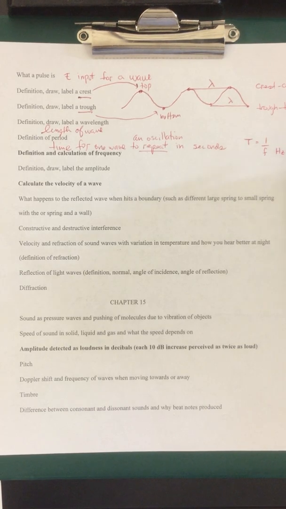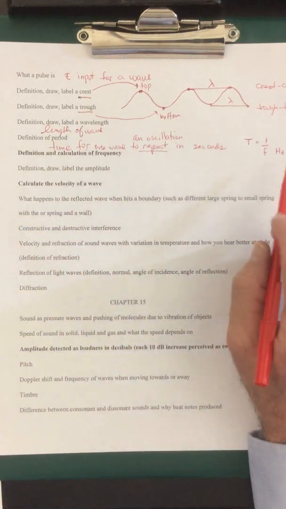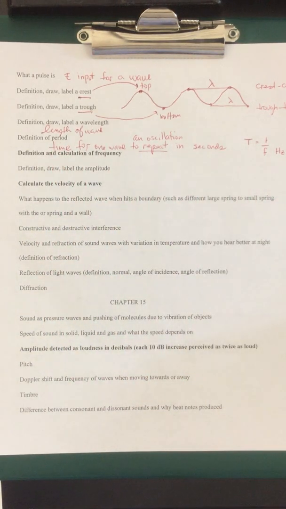So the inverse of the inverse is the thing itself: 1 over hertz will give you seconds, because hertz is 1 over seconds. Okay, so period is measured in seconds. It's the time for one wave to repeat itself.